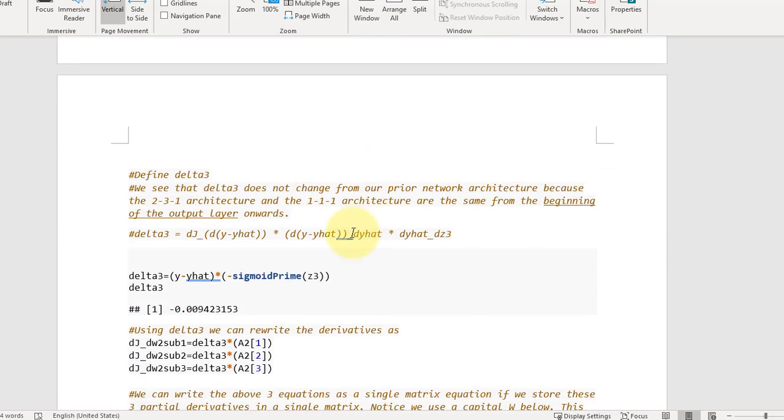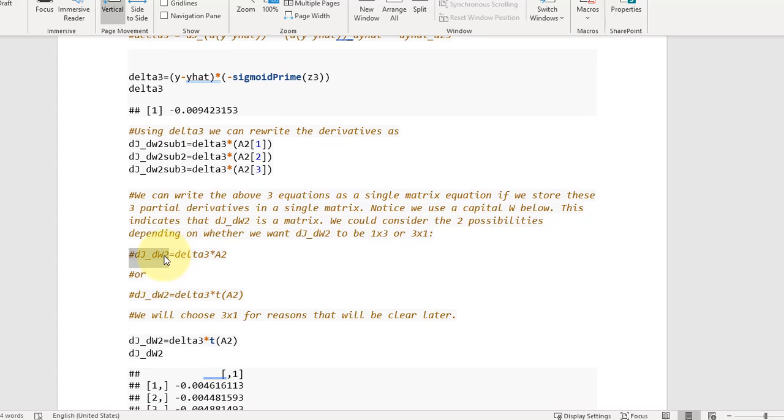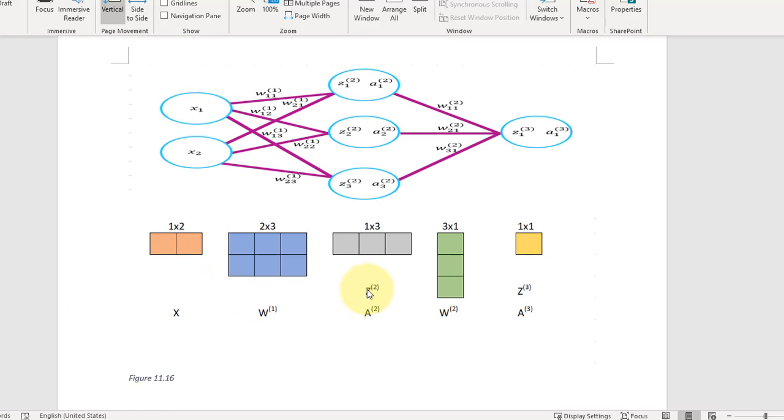So now we can say that the matrix that we want is this. Now you might think, okay, maybe we want to take the transpose of this. Maybe that's the form that we want, because remember this is A2, I believe. No, I was wrong. A2 is a 1 by 3, but we could either multiply by A2 like we were suggesting, or we could just take the transpose of this.